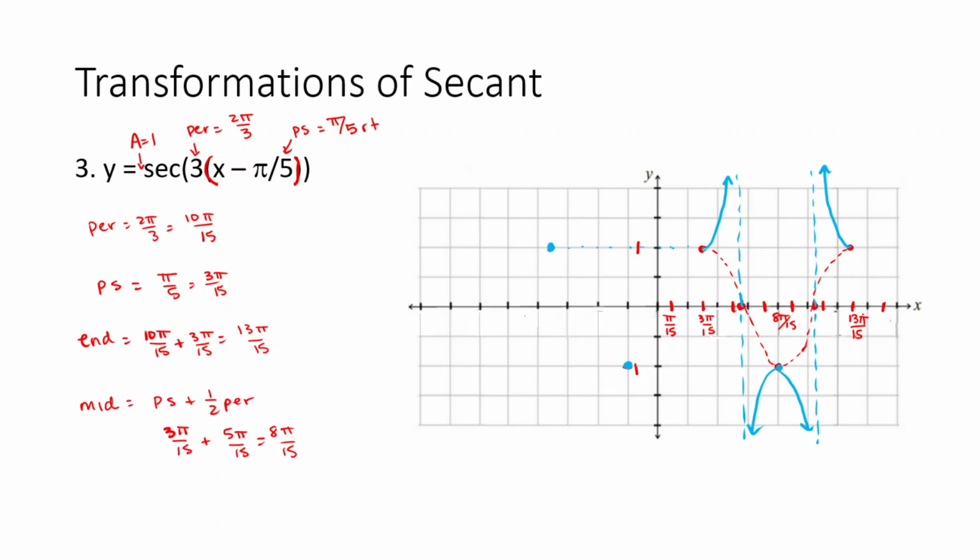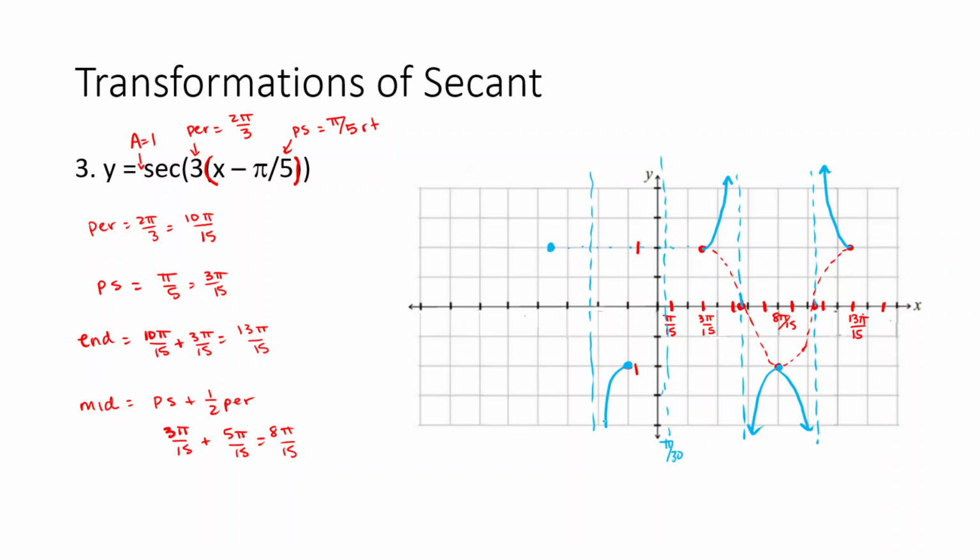Okay, and halfway in between there is another asymptote. And this one happens to be at pi 30ths. Okay, and halfway in between here is another asymptote.